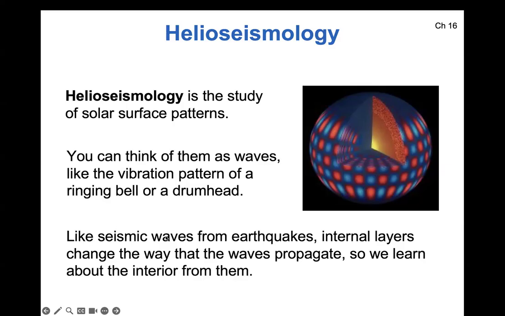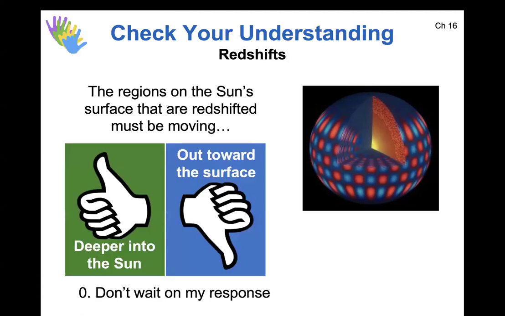Like seismic waves from earthquakes, internal layers change the way the waves propagate, so we can learn about the interior from them. We look for events similar to earthquakes and try to study their influence on the sun at different points. I'm going to move through these questions quickly and not check for answers. The regions on the sun's surface that are redshifted must be moving.